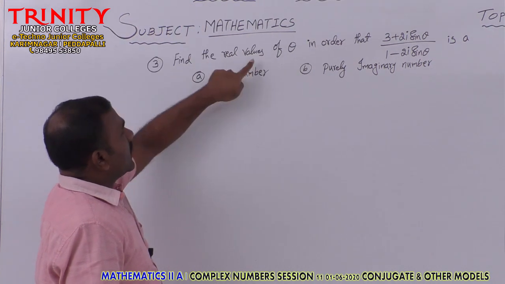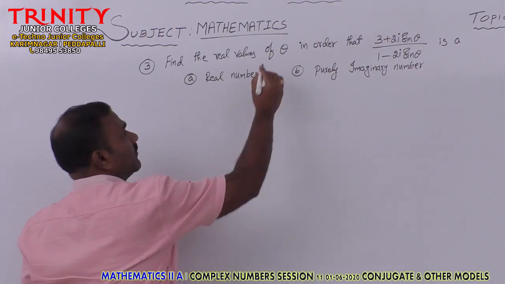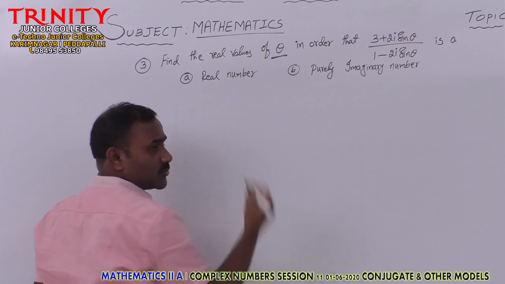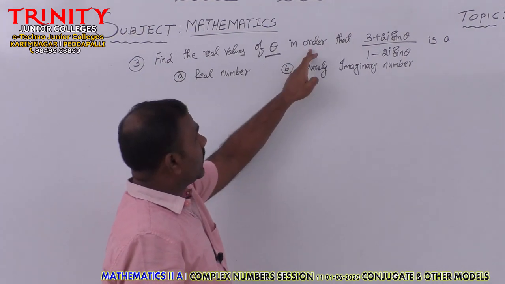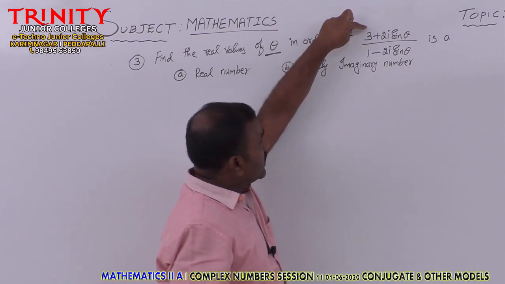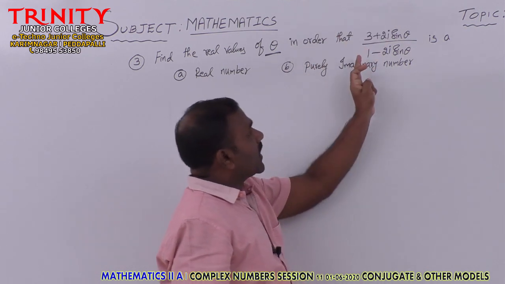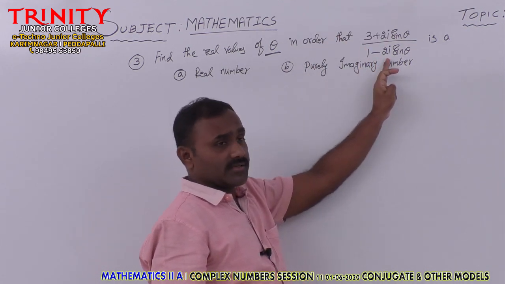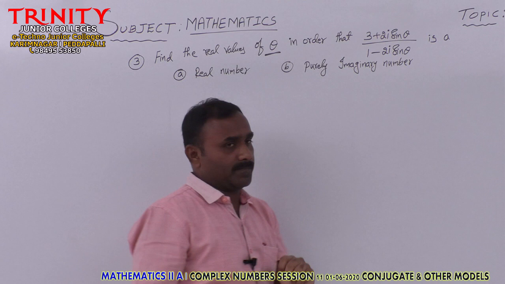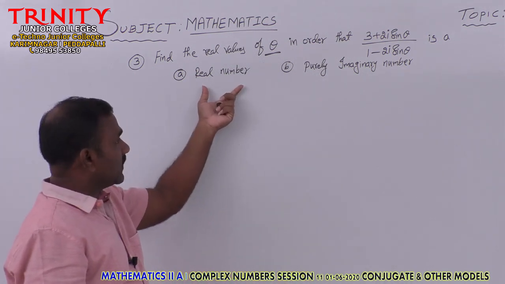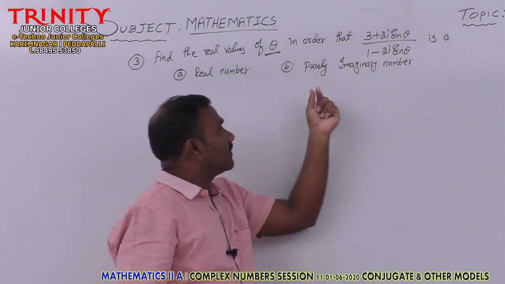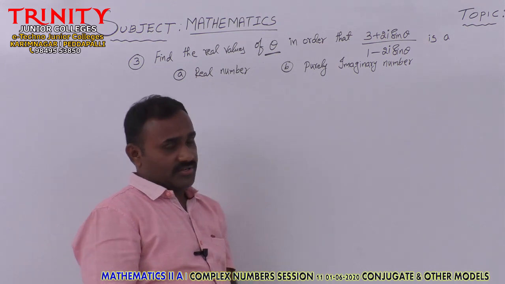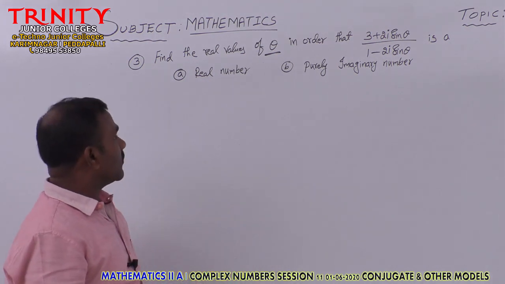Find the real values of theta in order that (3 plus 2i sin theta) by (1 minus 2i sin theta) is a real number, is a purely imaginary number. See, first try to understand the question.